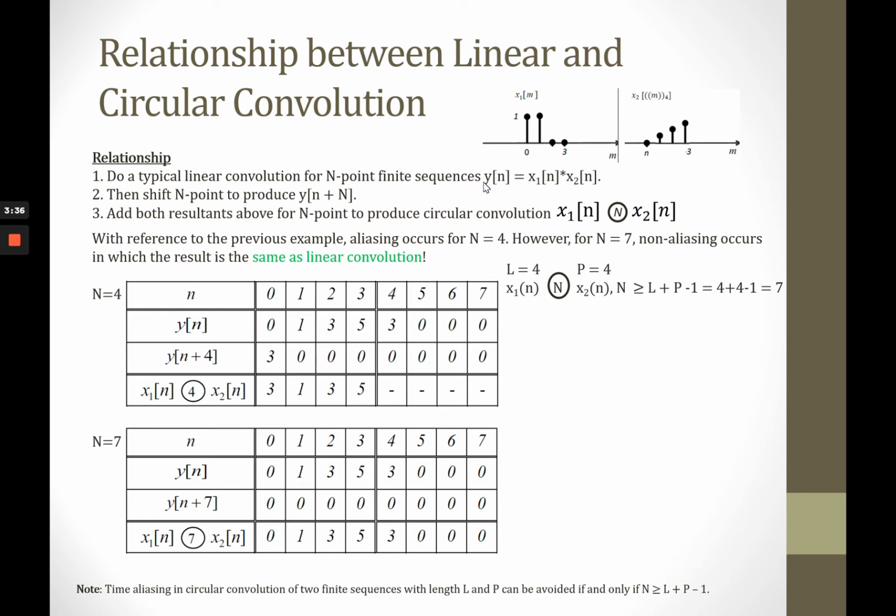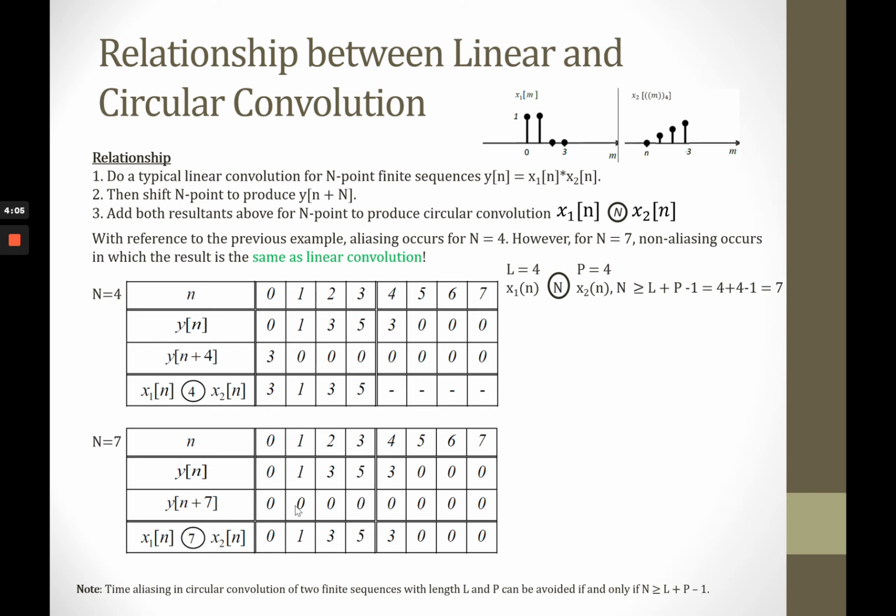In this case, this is again the same result from the typical linear convolution for y[n], a convolution between x1[m] and x2[m]. So this is the result. And the second step is we shift the endpoint. We choose N equal to 7 based on this calculation. And for this one, if we shift this signal to the left by 7, we have 0.